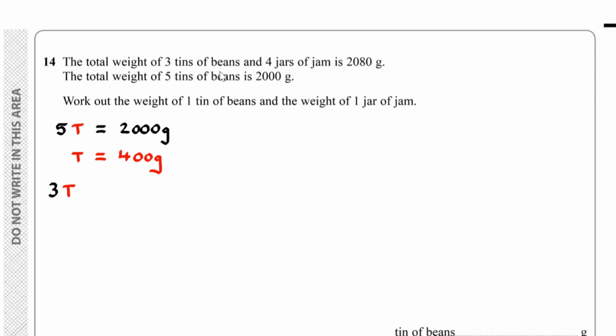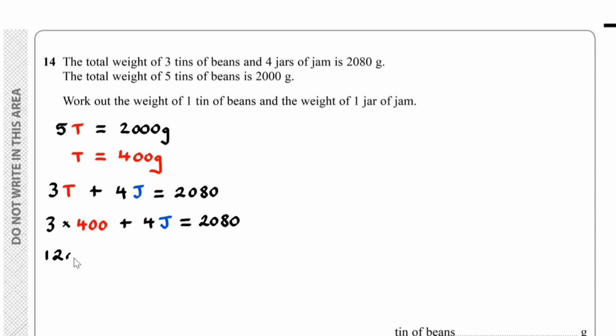And then we are told that 3 times the weight of the tin of beans plus 4 jams is equal to 2080. So I've got 3 times 400 plus 4 times the jams equals 2080.